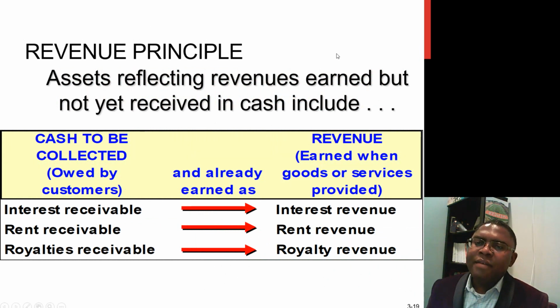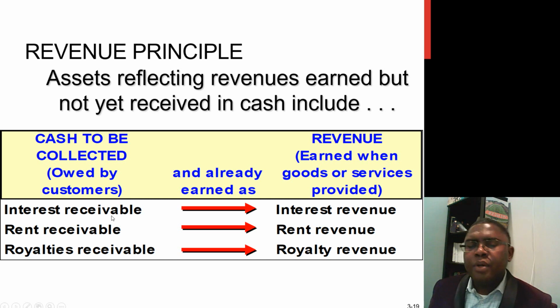So under revenue principles, we have seen cash to be collected. Cash to be collected, or recognizing that cash as receivables. So receivables suggest that someone owes the business. So customers are owing the business.